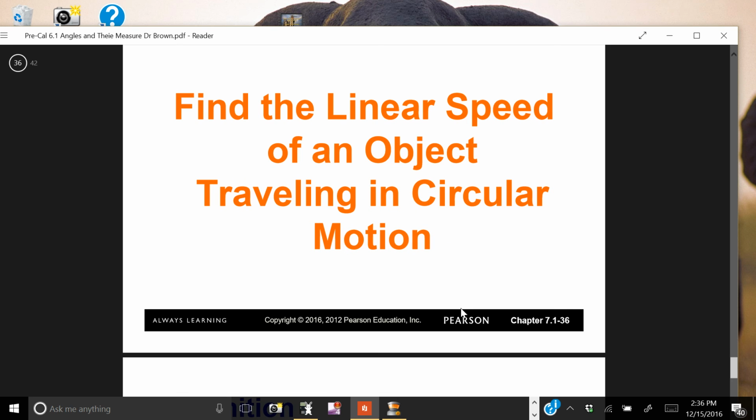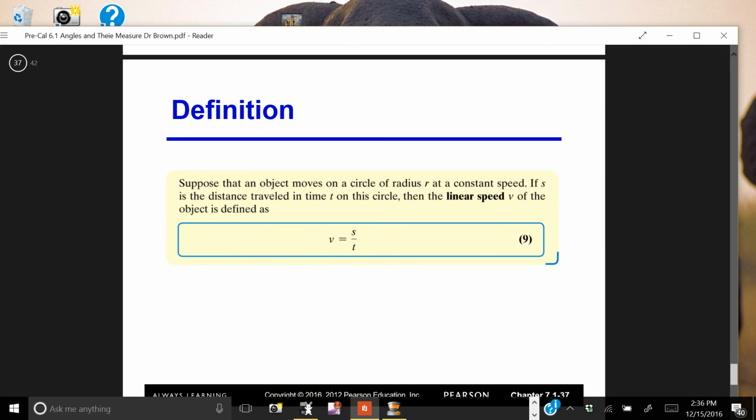And the last topic we're going to talk about in this lesson is how to find the linear speed of an object traveling in a circular motion. Suppose an object moves on a circle of radius r at a constant speed.